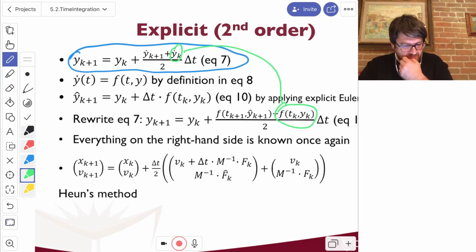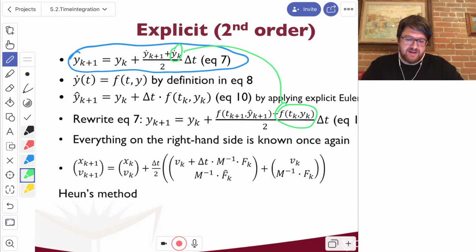But what do we do about y_{k+1}? We don't have the derivative there. The answer is quite deceivingly simple. We can compute it from the first order estimate.